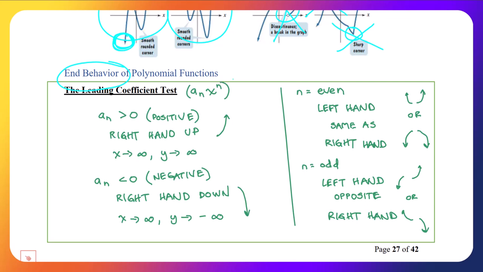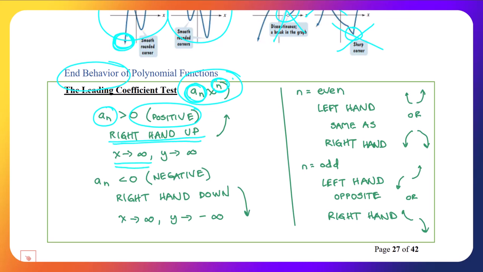Well, here is that first term, the leading term. This is the leading coefficient, and this is the highest exponent. If the leading coefficient is positive, greater than 0, the right hand is going to go up.